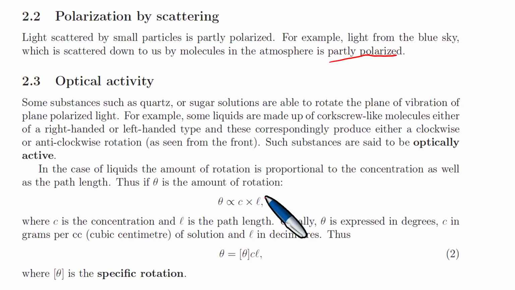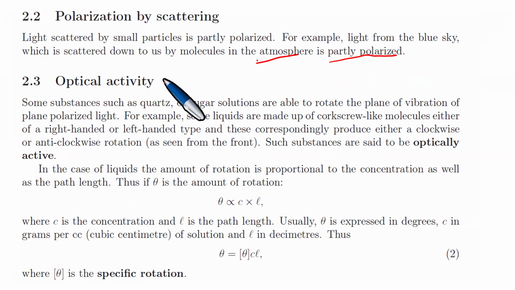Some of the light from the sun passing through the atmosphere is partly polarized by the particles in the atmosphere, which include molecules, and also dirt and debris.